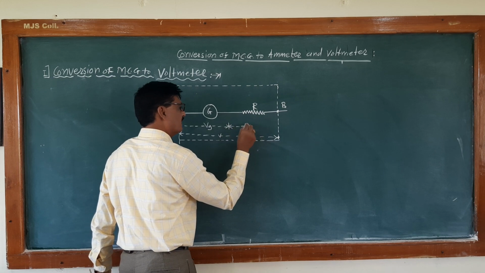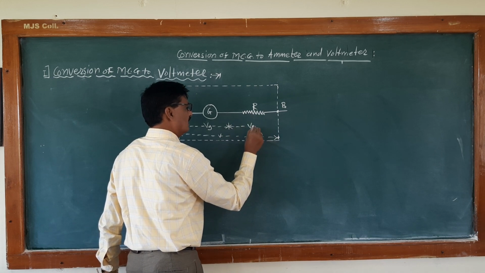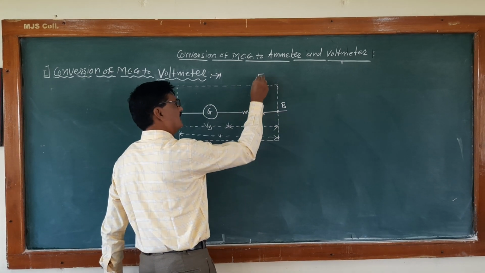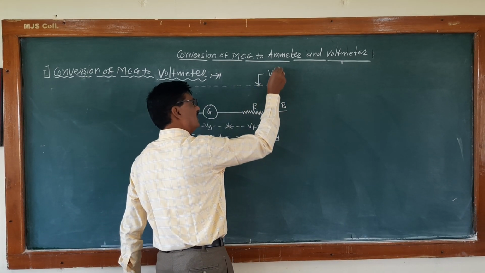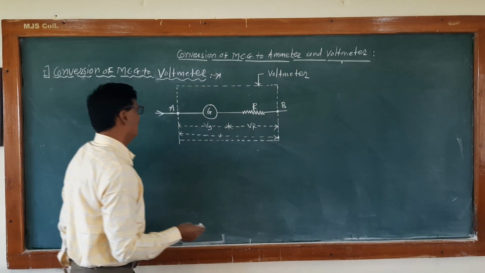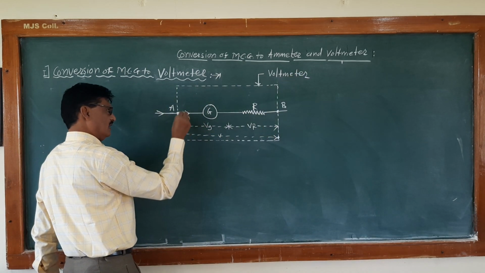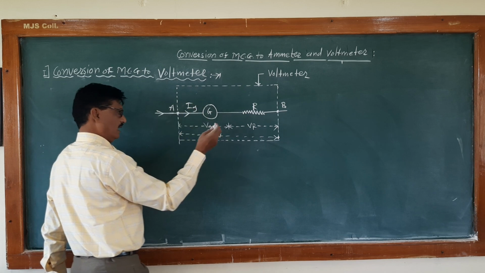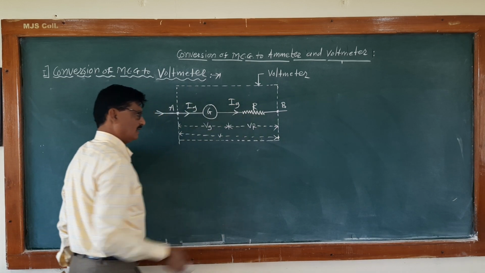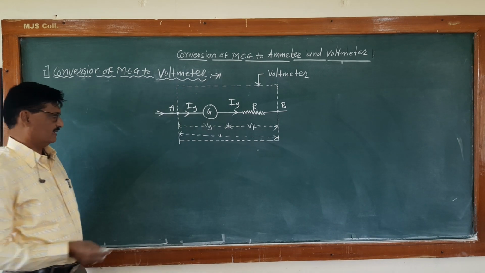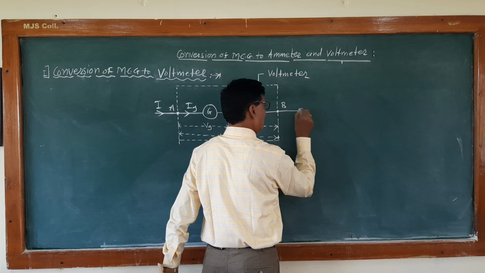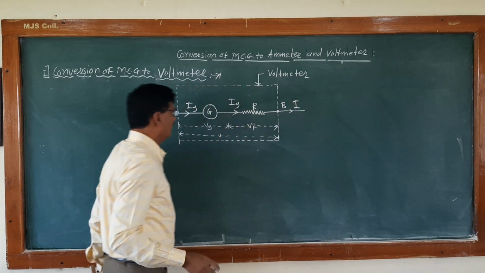This whole arrangement is called a voltmeter. The same current Ig flows through the galvanometer and through the high resistance, and the total current is I.